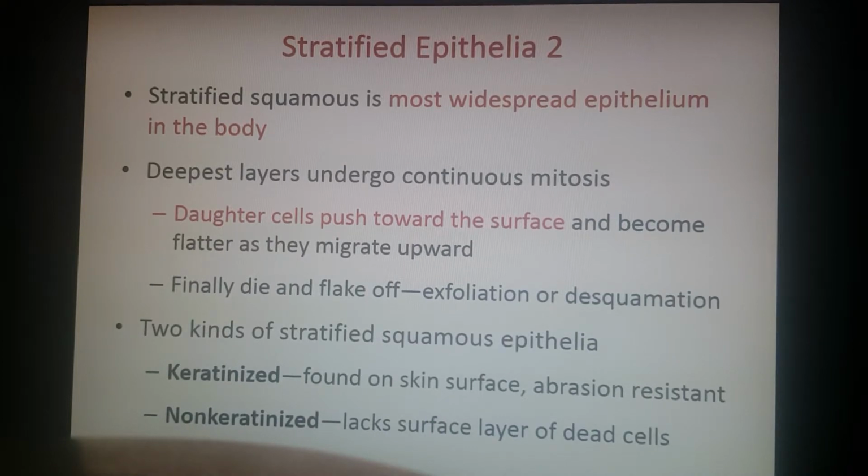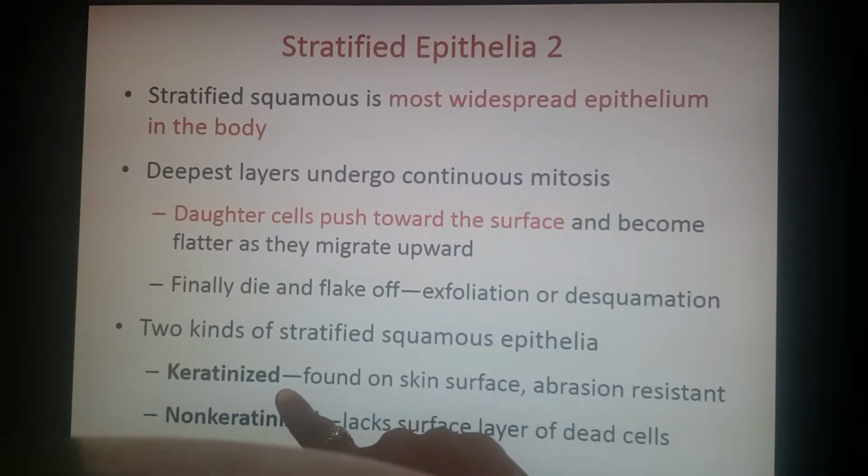So there's 2 kinds of stratified squamous epithelial. You have your keratinized, which is found on the skin surface. So there's a keratin protein that helps to strengthen the tissue to make it abrasion resistant, or resistant to being cut or rubbed off. And then the other type is your non-keratinized. So it lacks the layer of dead cells.